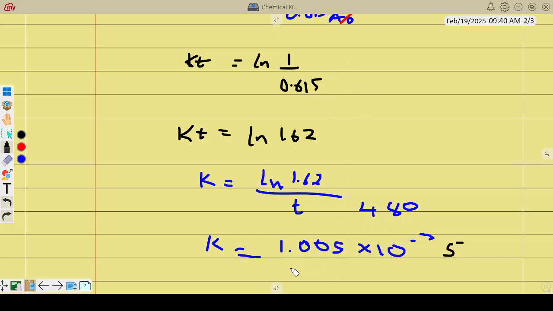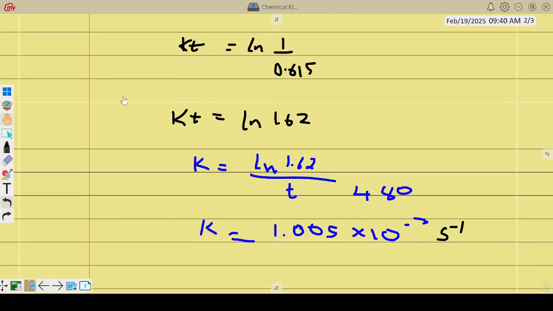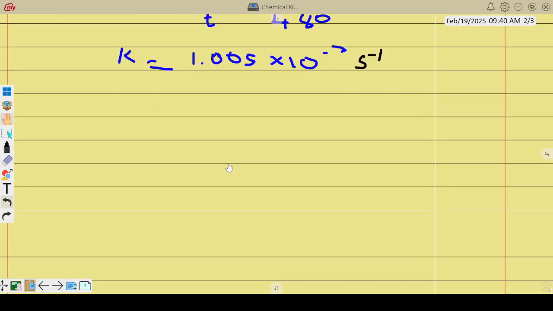Here I rounded off up to 2. If we use this, we could have had a slightly different answer. But as long as your answer is in the range of the expected values, then you are good to go.